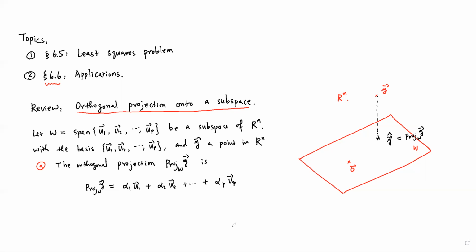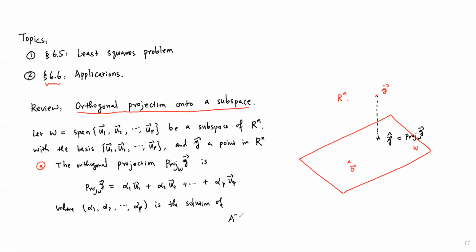Then how to determine the coefficients alpha 1, alpha 2, and alpha P? Where alpha 1, alpha 2, alpha P is the solution of the following linear system.